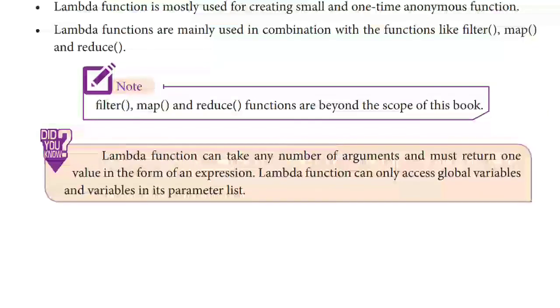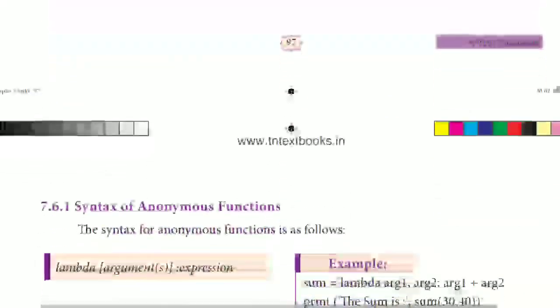Lambda functions can take any number of arguments and must return one value in the form of an expression. Lambda functions can only access global values and variables in the parameter list.